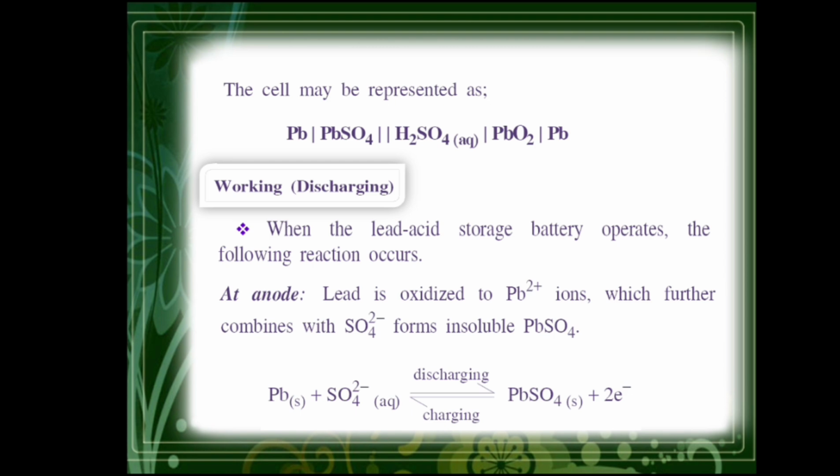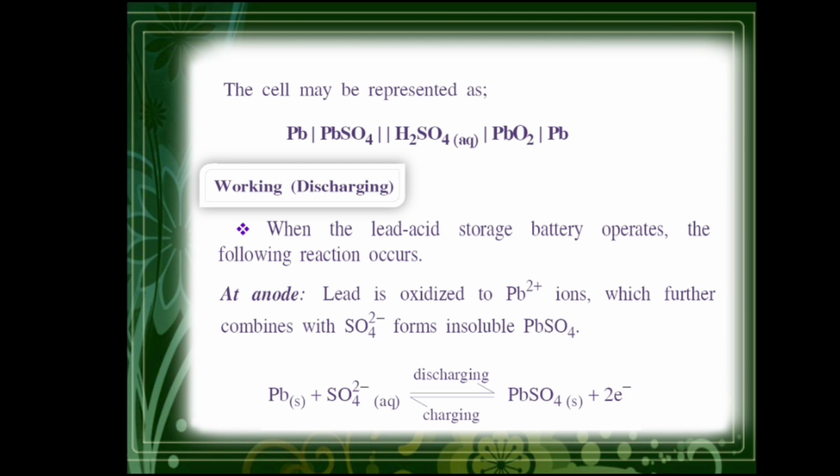Working, discharging, that means when we are using it, it supplies electrical energy. When the lead acid storage battery operates, the following reactions occur. At the anode, lead is oxidized to lead 2 plus ions, which further combine with sulfate ions to form insoluble lead sulfate, as shown in the reaction below.